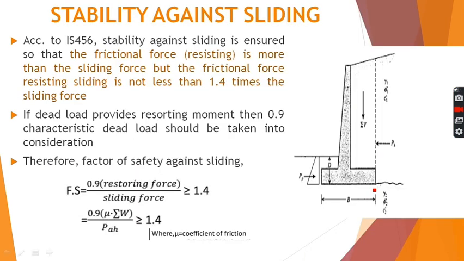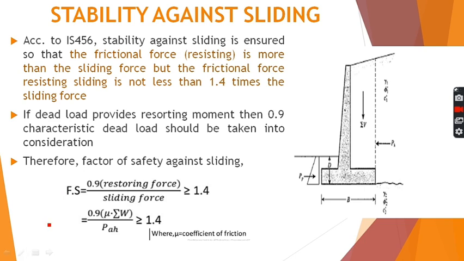So it must be clear to you that the frictional force should always be greater than the sliding force for stability against sliding, and the frictional force should not be less than 1.4 times the sliding force.